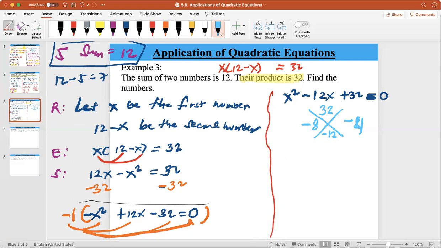Yes, we don't have a lead coefficient. We just write x minus 8, x minus 4. If there's a lead coefficient, we have to take that lead coefficient with x, right? But we don't have it, so it's safe to write x minus 8 and x minus 4.